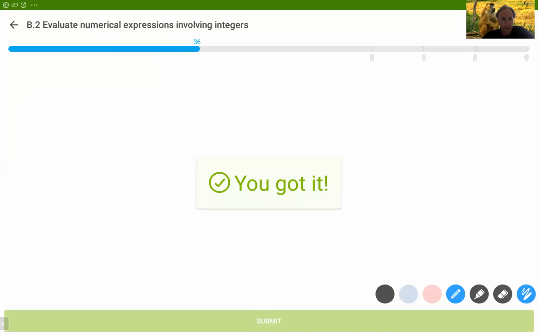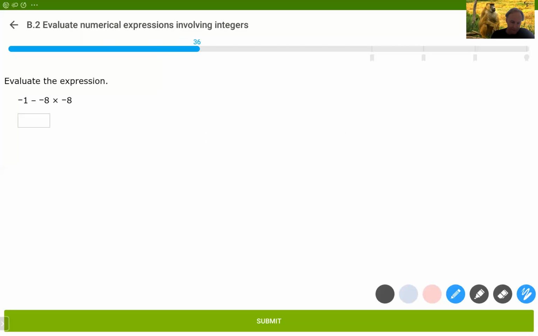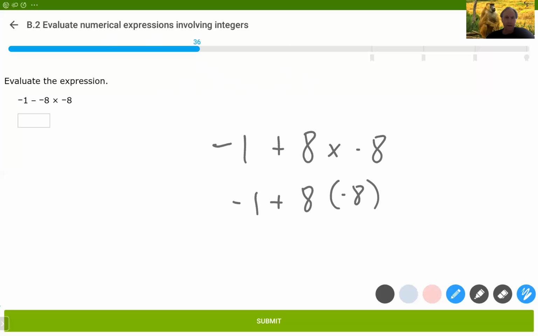In this case, I am going to change this double negative subtraction into a positive. I'm going to talk about that as being plus 8 times -8. Now, again, I don't like that x business, so I'm going to write it as x plus 8, -8. Now, a lot of people make the error of going left to right, but remember, multiplication comes first.